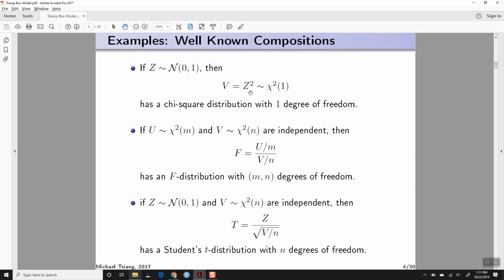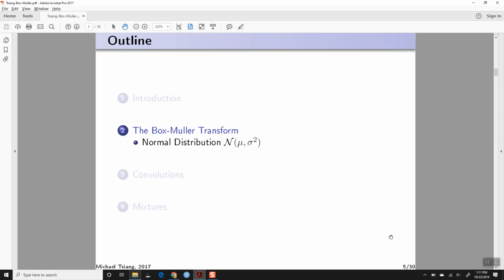But ultimately, it just depends on the normal distribution. The normal distribution shows up everywhere. F for Fisher, right? He's like our grandfather of statistics. And then the T distribution, which is this ratio, and you guys covered all of this in 100B, right? All right. So we're going to take a look at the normal distribution, and it's called the Box-Mueller transform.